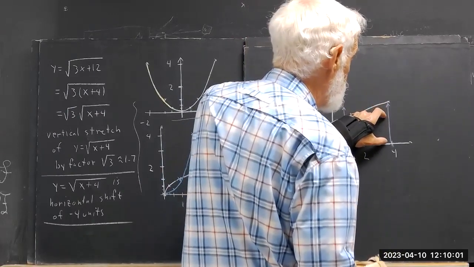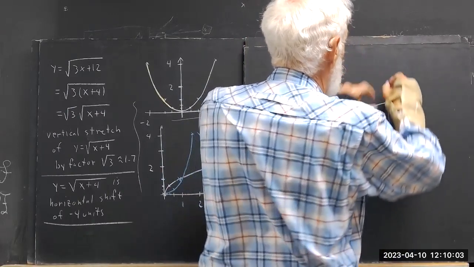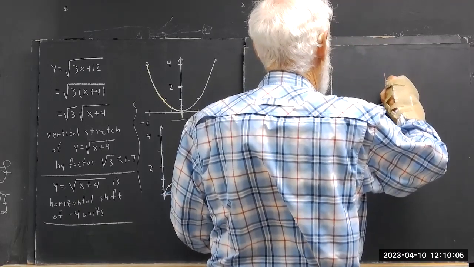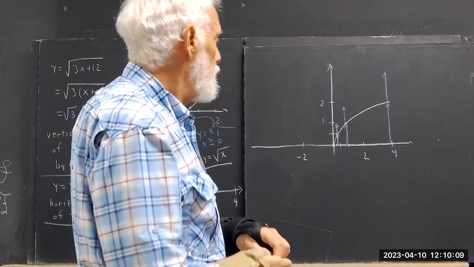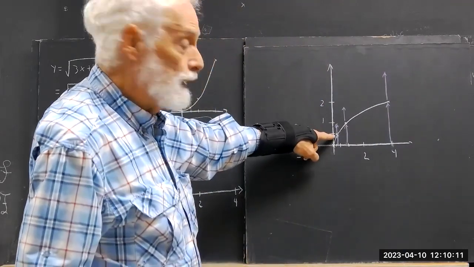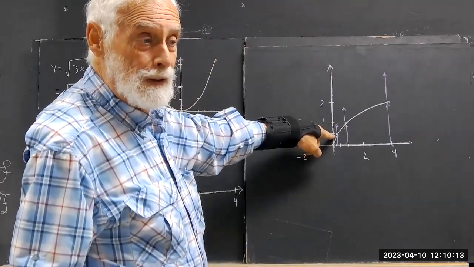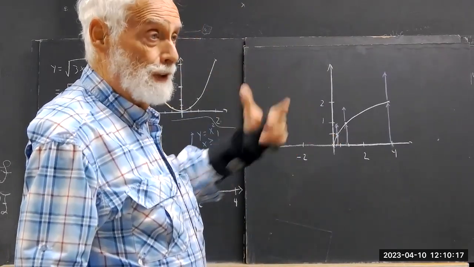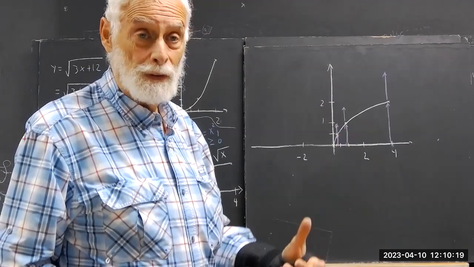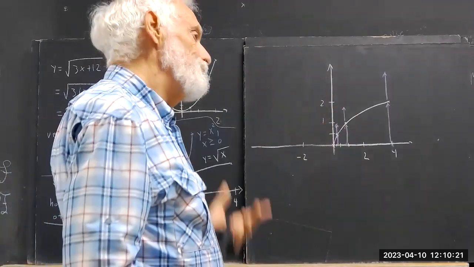And we do 7/10 of that. We go about this long, so we come up to about there. And we can do the arithmetic. This is 1/2. 1.7 times 1/2 is 0.85.